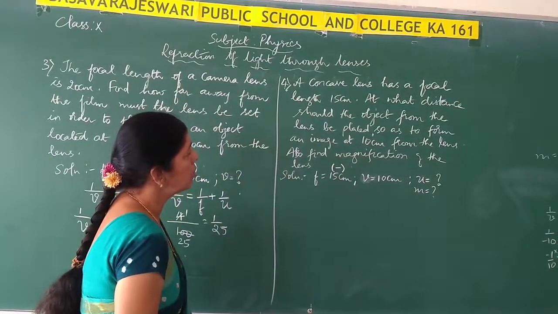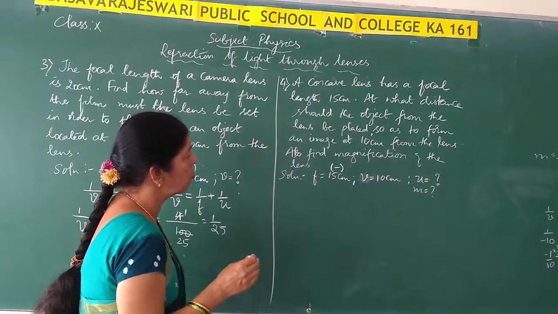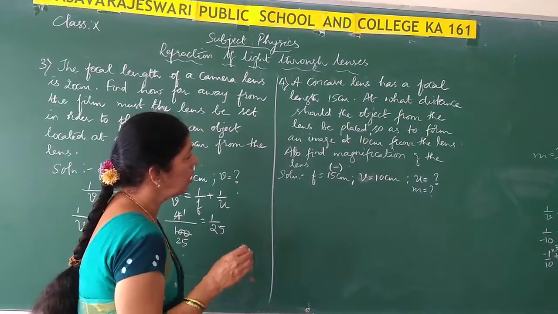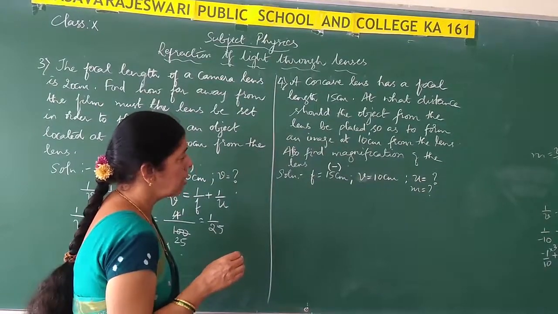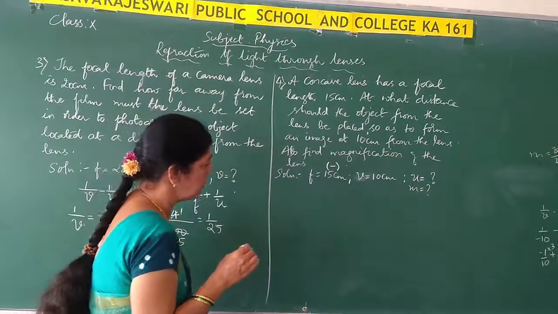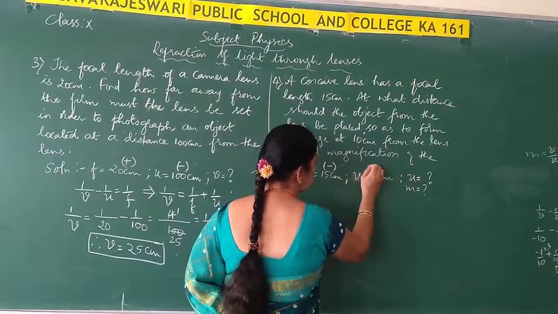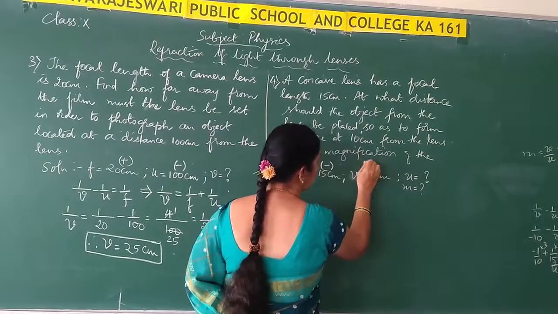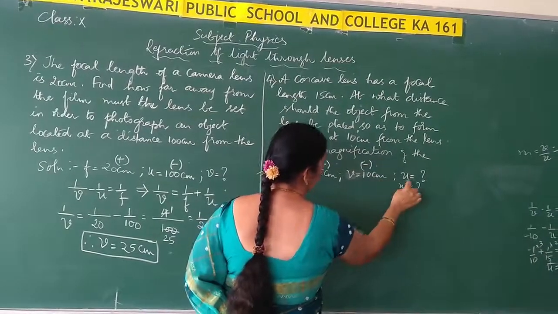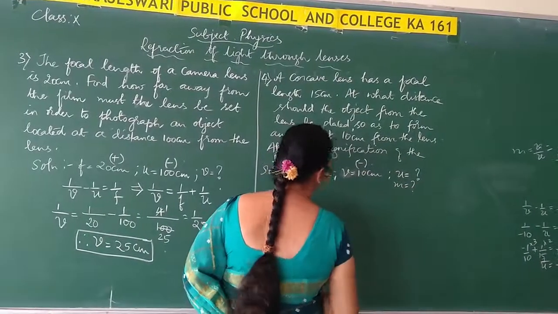Now at what distance should the object from the lens be placed so as to form an image at 10 cm from the lens? So image distance is given as 10 cm, and here object and image will be on the same side of the lens. Even V you must take with the negative sign only, and U must be calculated and M must be calculated.